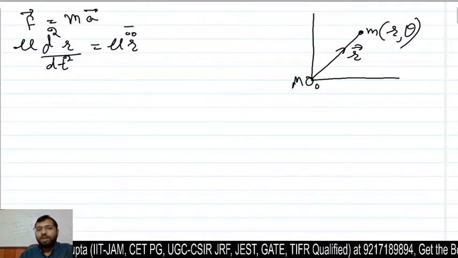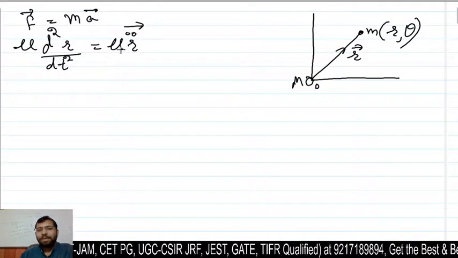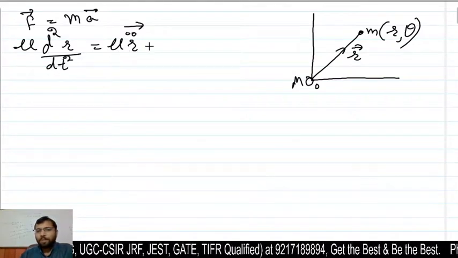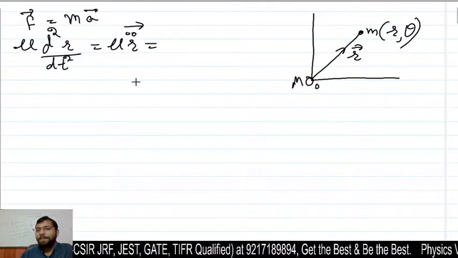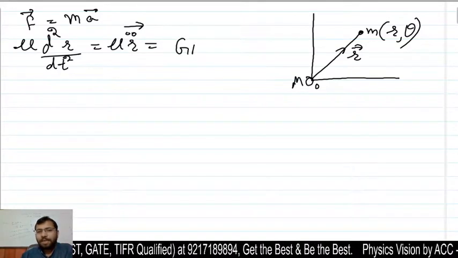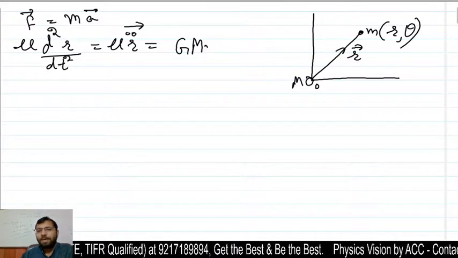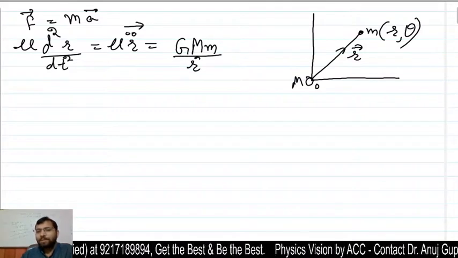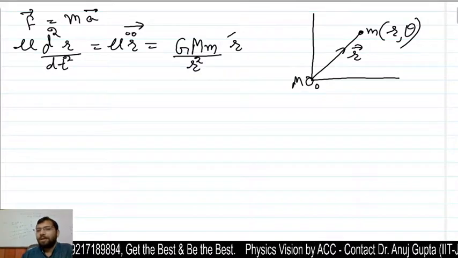This is the more general notation in today's scenario. Okay, in this chapter, in this topic, mu r double dot is given by G capital M, mass of heavier body, small m, mass of lighter body, divided by r square in the direction of r.